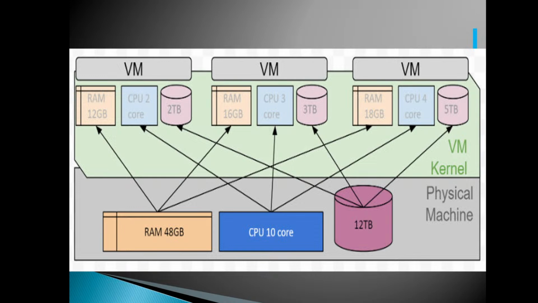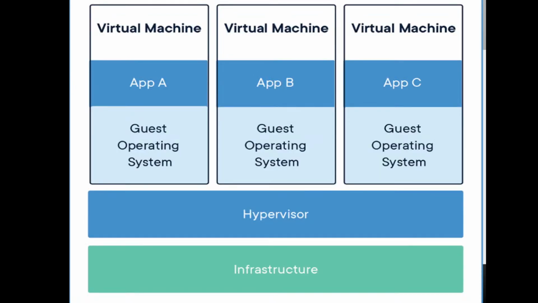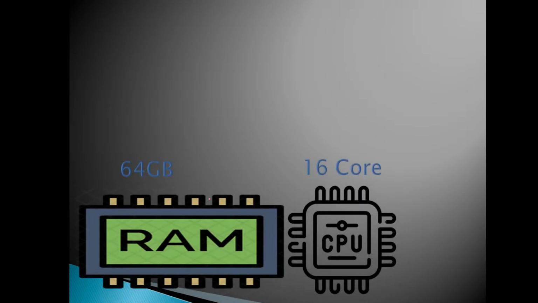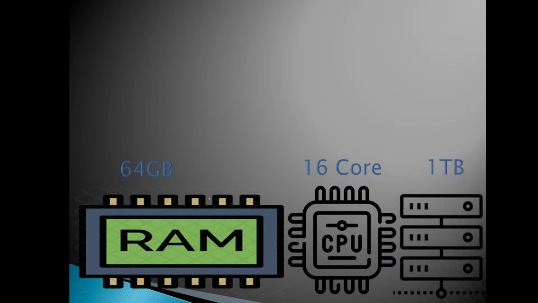One more example. After you get the machine, you have to install the operating system and on top of that you can install your application. This is called virtual machines, virtualization. So EC2 machines are actually virtual machines. Again, same example, if you have 64 GB RAM, 16 core CPU and 1 terabyte physical server, you can do a similar thing.